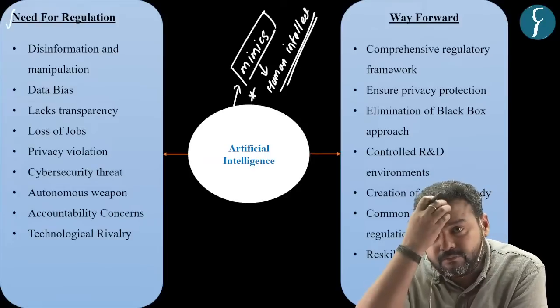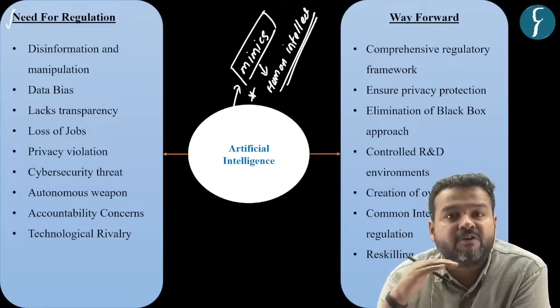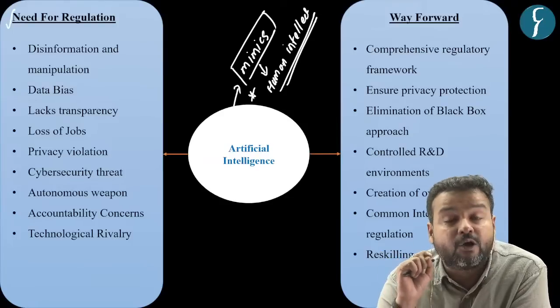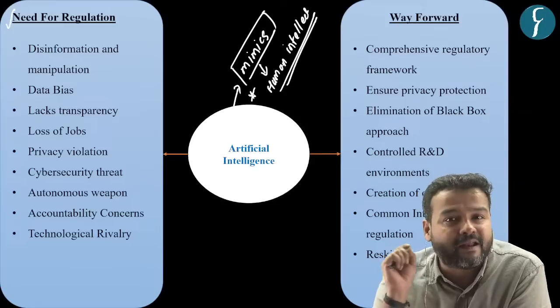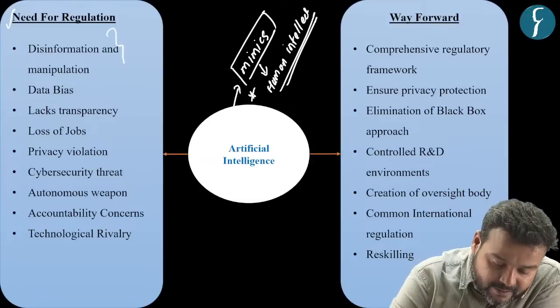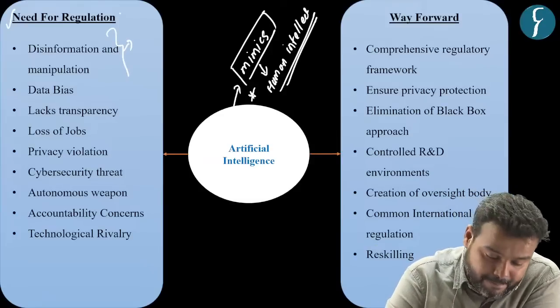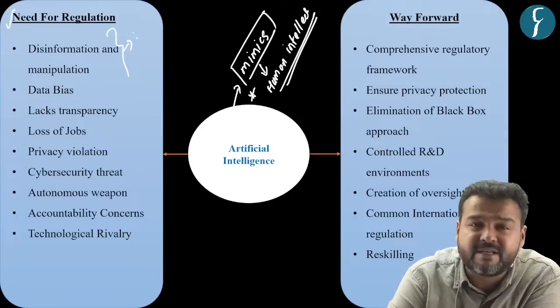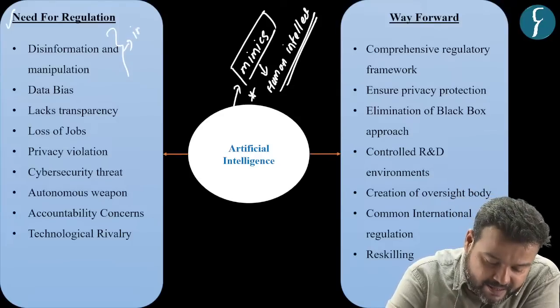Now, AI works on input. Now, if you are feeding wrong data, incorrect data, or you are programming it for ulterior motives, the outcome would be, you may say, in the shape of disinformation or incorrect information.